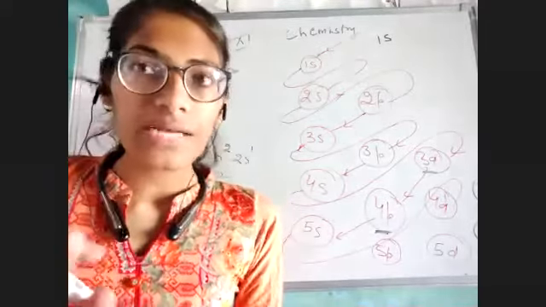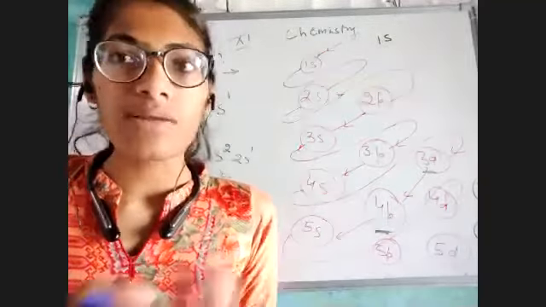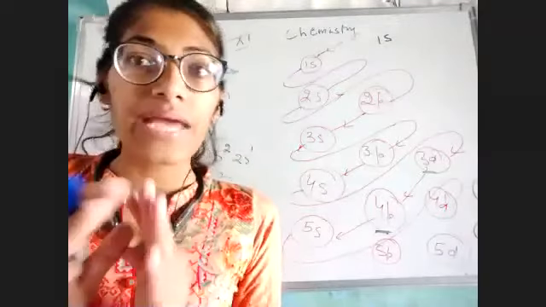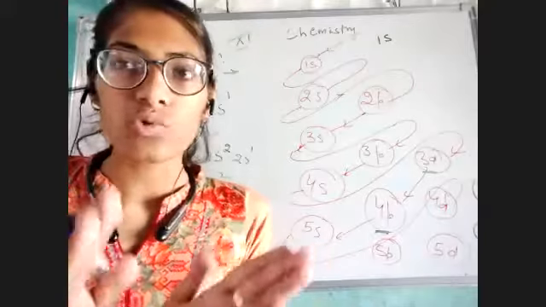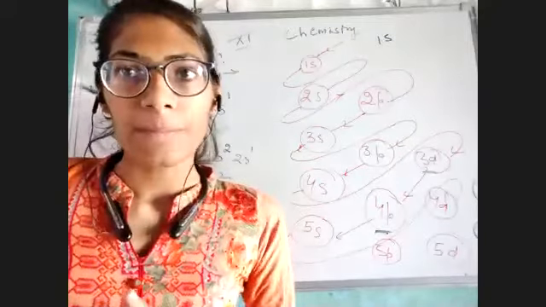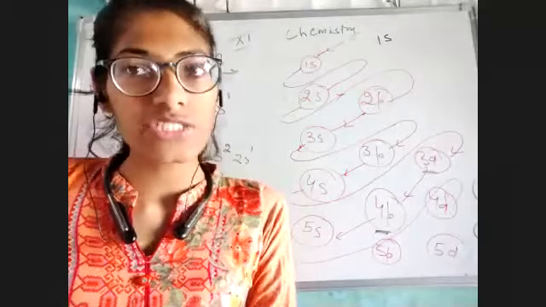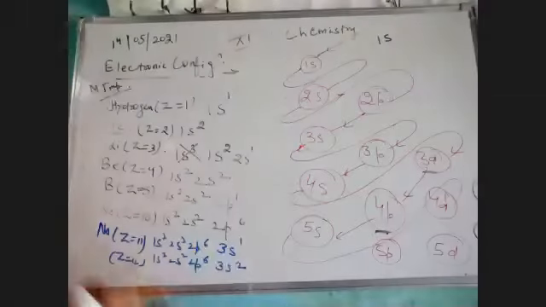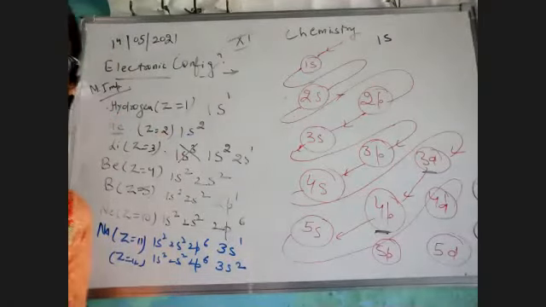Keep in mind that s has only 2 electrons, p has maximum 6 electrons, and d has maximum 10 electrons, because it has a total of 5 different orientations of atomic orbitals: dxy, dyz, dzx, dx square minus y square, dz square. So this is the representation. This is how we maintain our electronic configuration.